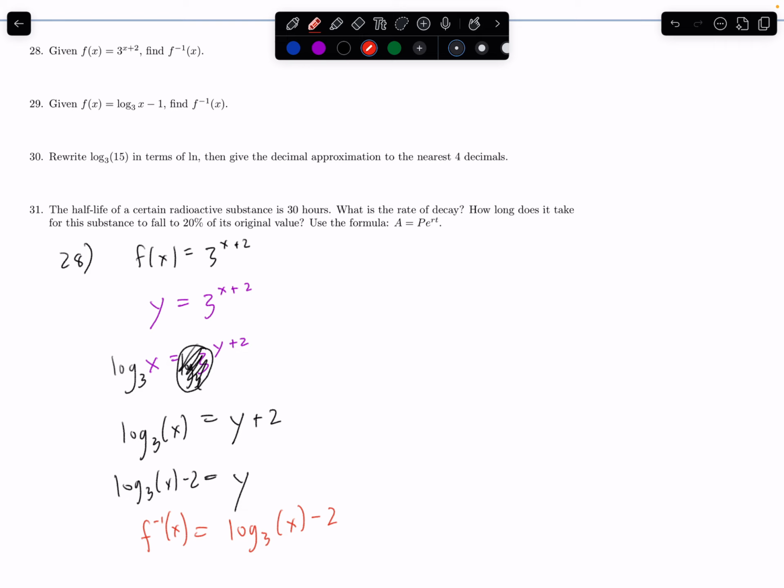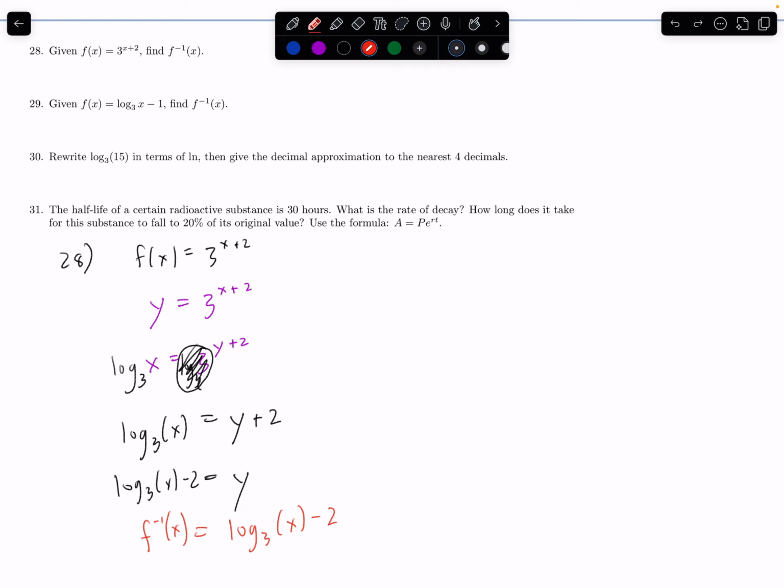Now, if you wanted to take a step further, you could set the domains and ranges. And the way to do that is start with your original function, look at its domain and range, and just make sure that it's the opposite for the inverse function.